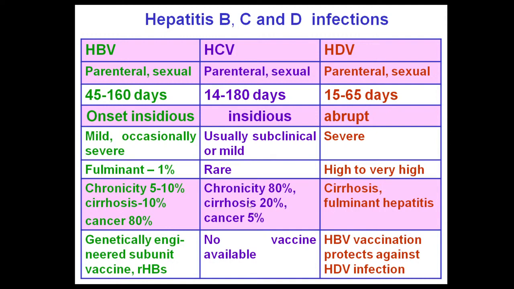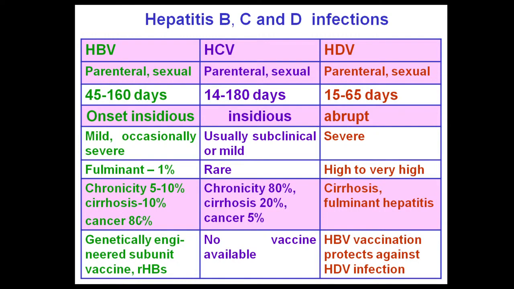If we take a look at hepatitis C virus, because it usually causes a subclinical mild infection, the body won't produce a vigorous immune response against hepatitis C. So the disease is usually very mild or subclinical, but then 80% of cases develop a chronic process.